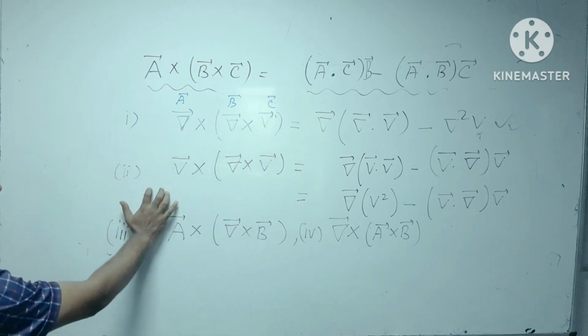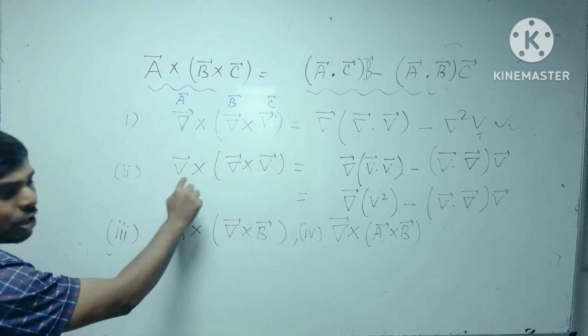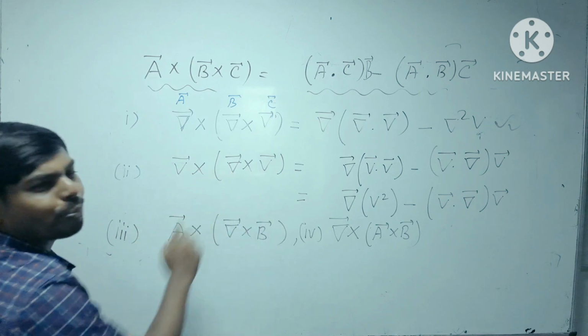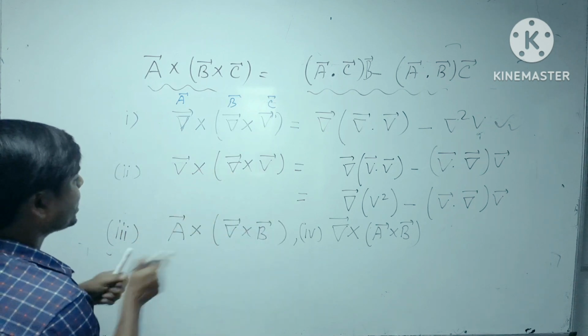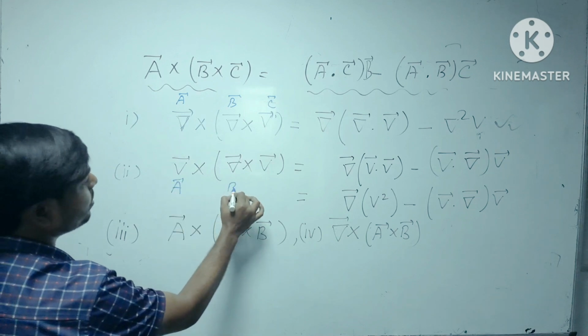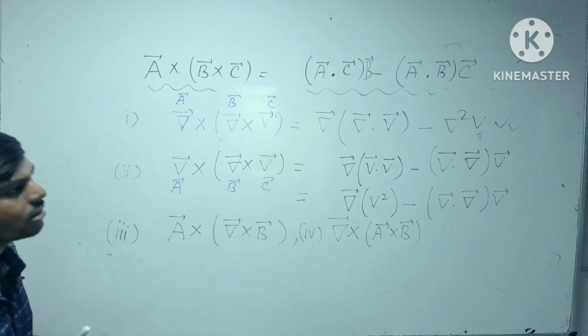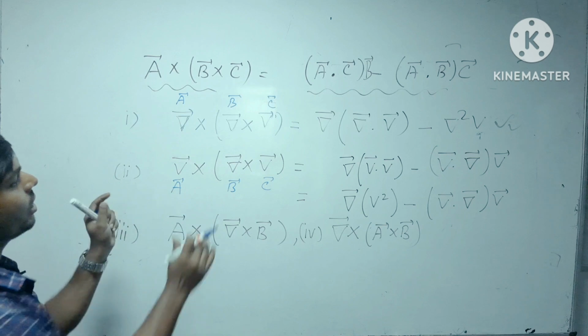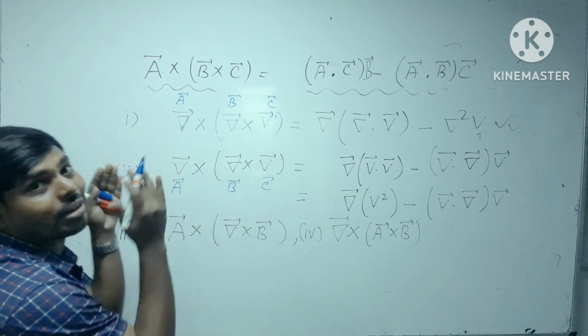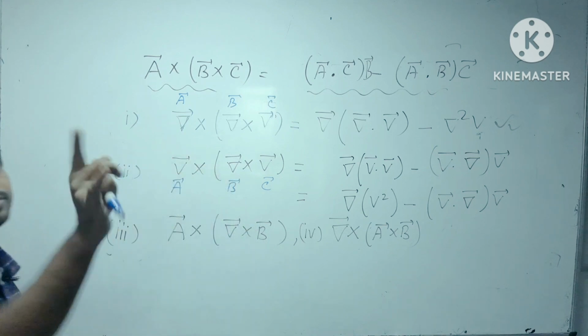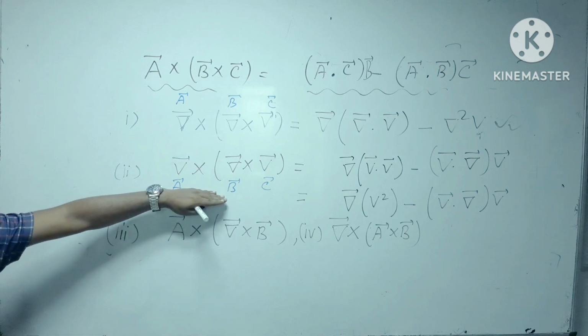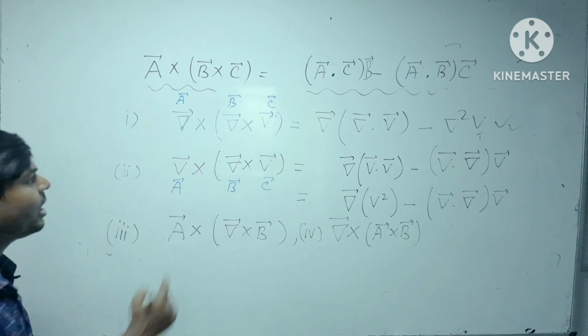But if you think about the second one, that is v vector cross curl of v vector, and think this is the a vector, this is the b vector and this is the c vector, if you think this is nothing but the vector triple product, you will make a mistake.